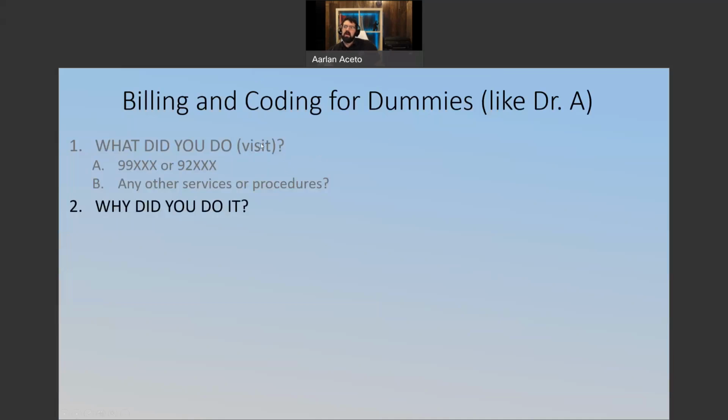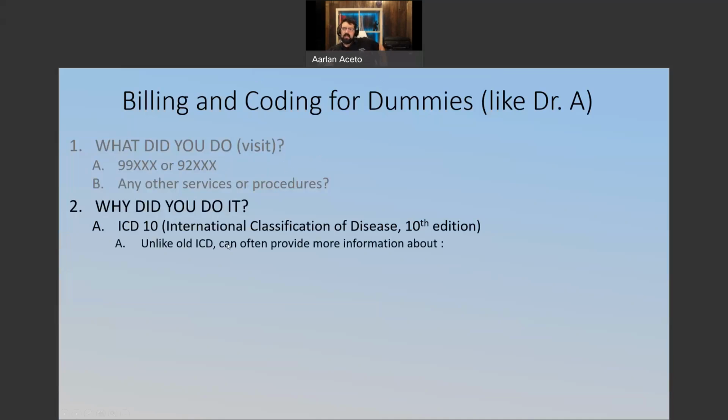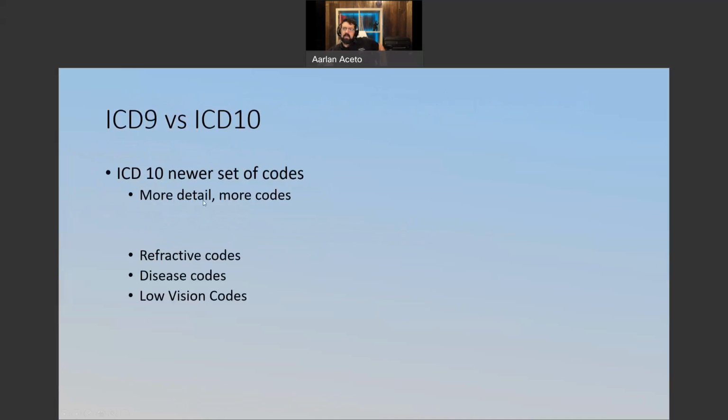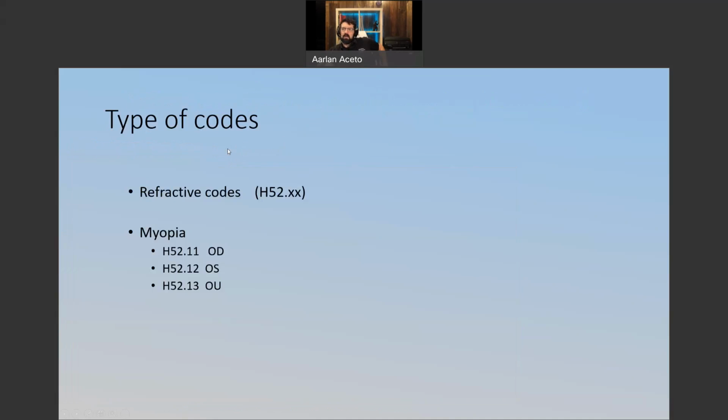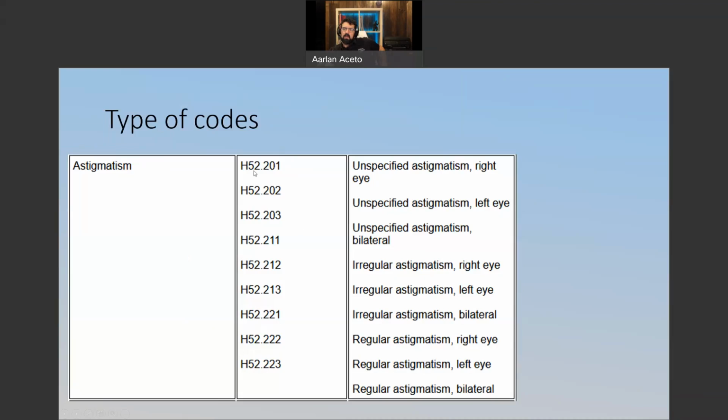All right, so why did you do it? Those are the ICD-10 codes. And again, we used to have the refractive codes, and here you go. This is the same thing. The types of codes that we're going to use an awful lot of are myopia, hyperopia, H52.01, H52.02, H52.03, farsighted in the right, farsighted in the left, or farsighted in both, myopic in the right or the left or both, H52.11, astigmatism, right and left.